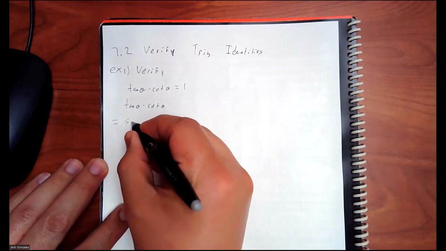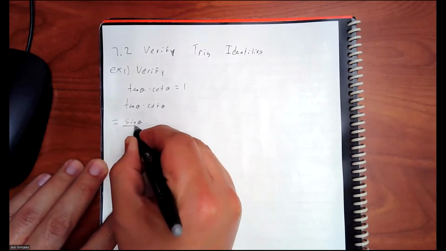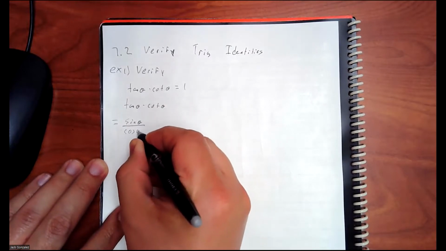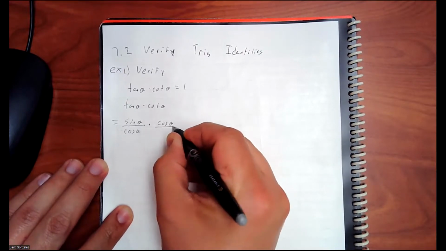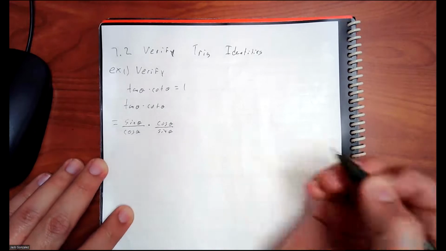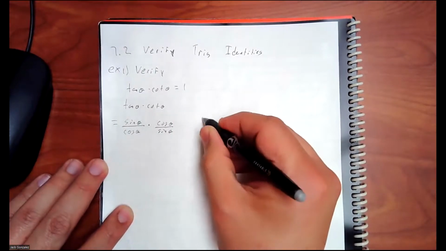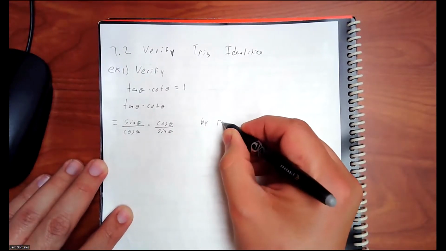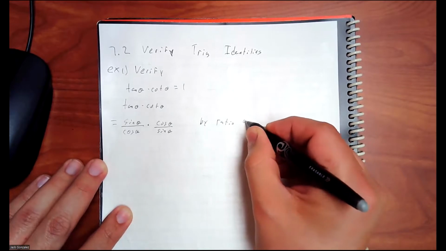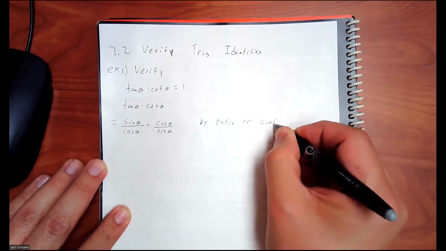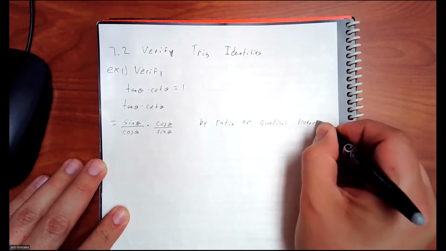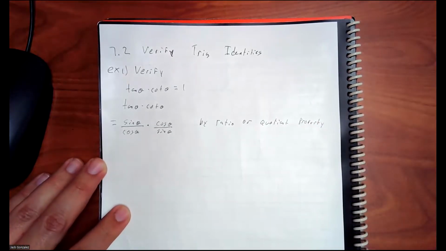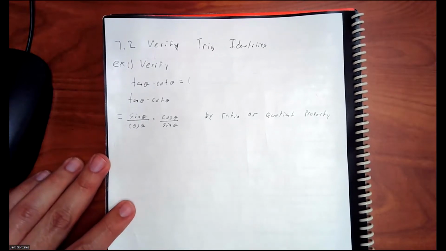It says that tangent is equal to this, and cotangent is equal to this. I'm going to write down on the side what property I used, ratio or quotient. Different books call it different things, but it's the same thing.